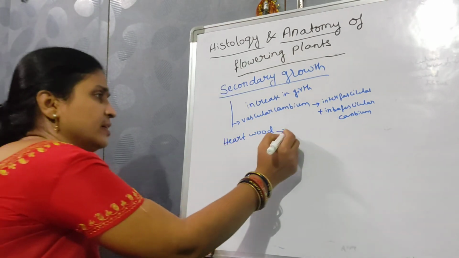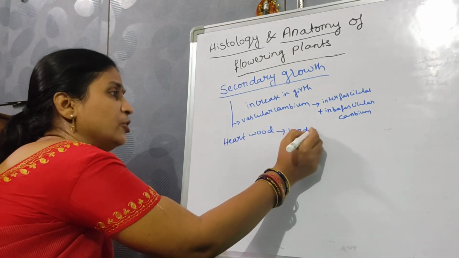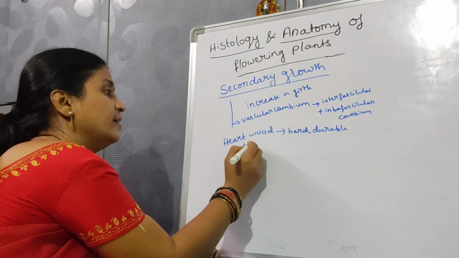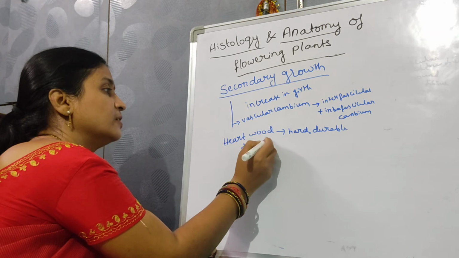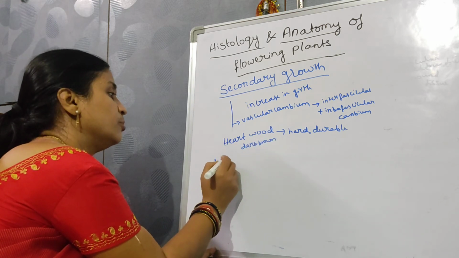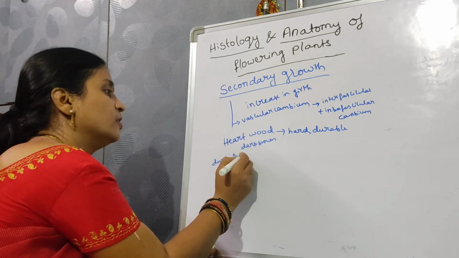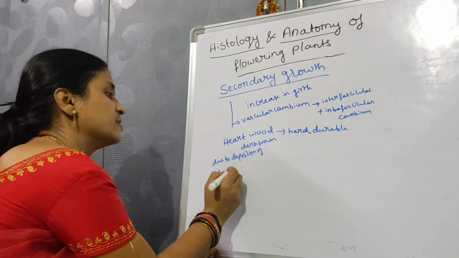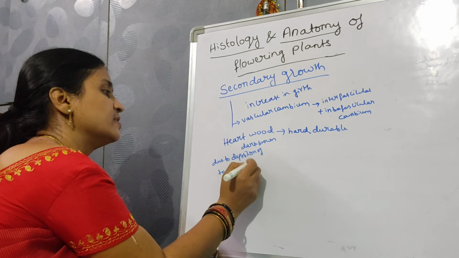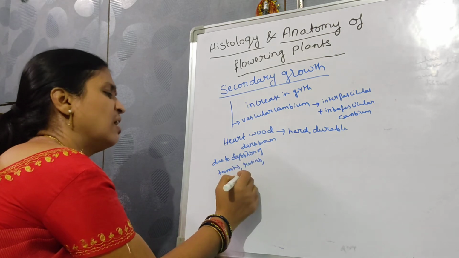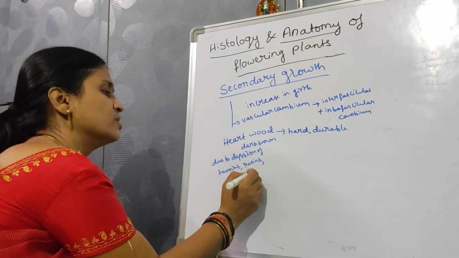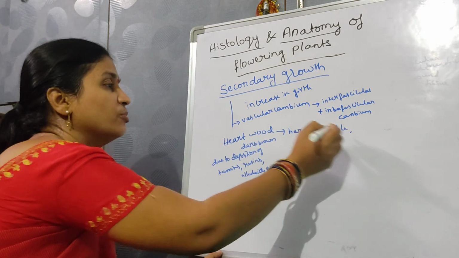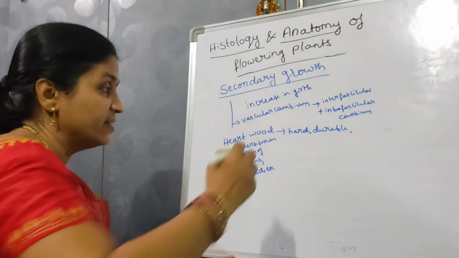It is hard, durable, and dark brown in color due to deposition of secondary metabolites like tannins, resins, alkaloids, etc. It is resistant also.